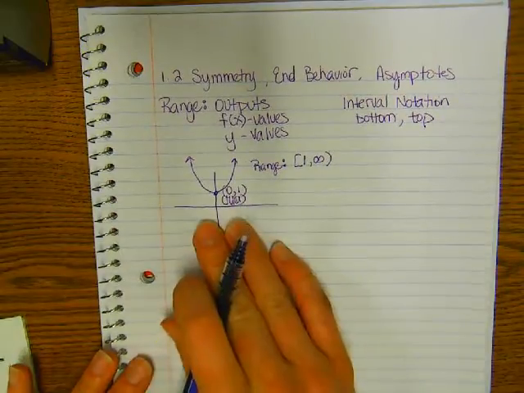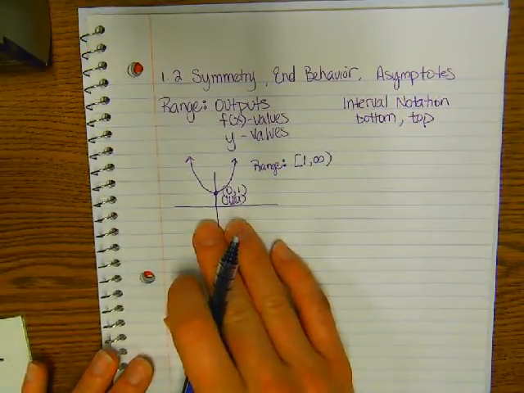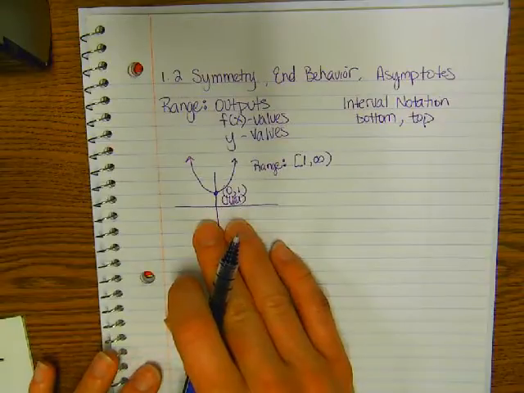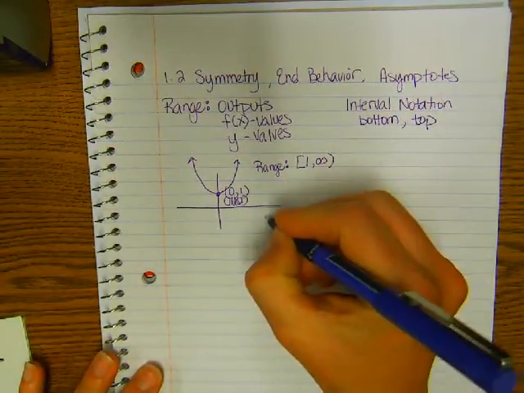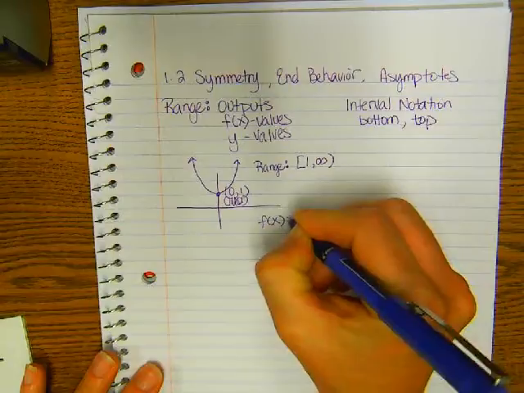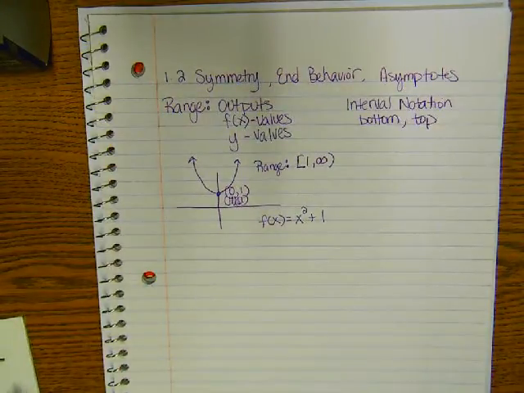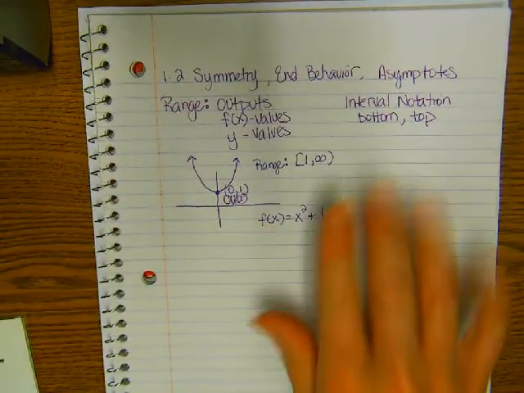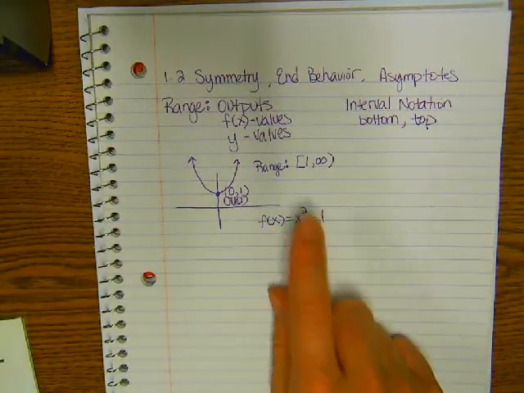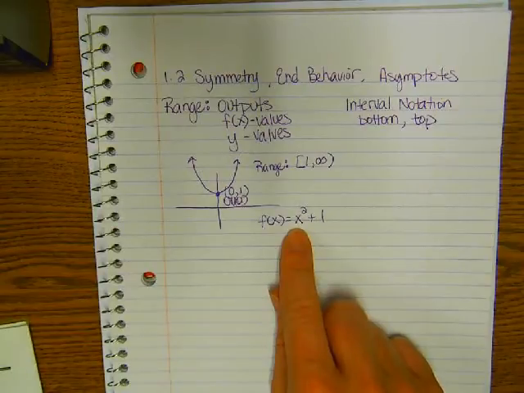Now, I'm going to give you the equation for this and talk about, let's say you didn't have a graph, how could I sort through it with an equation? A possible equation for this is x squared plus 1. Remember, we're talking about what kinds of values this would output. Isn't the smallest thing that x squared can be 0?